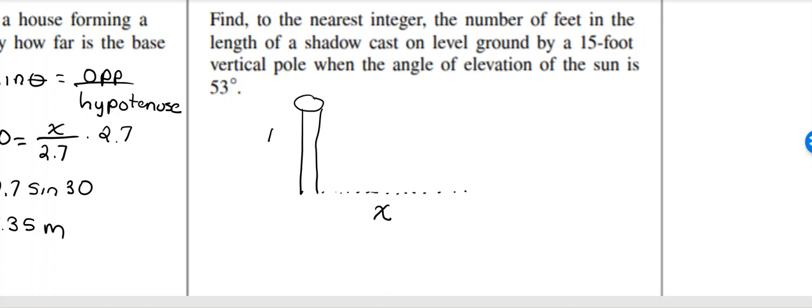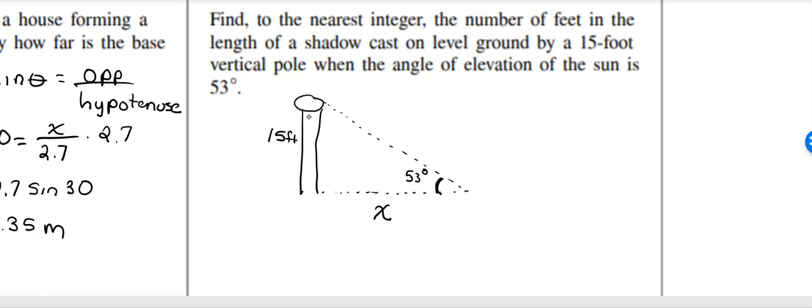I'm told that the pole is 15 feet and that the angle of elevation of the sun is 53 degrees. The angle of elevation would be the angle that lies on the ground. In the next video that you watch, you're going to get more information about the angle of elevation. But using it, we need to decide which trig ratio to use.